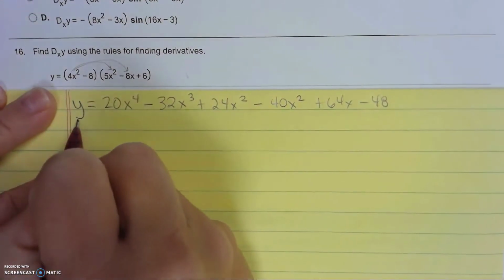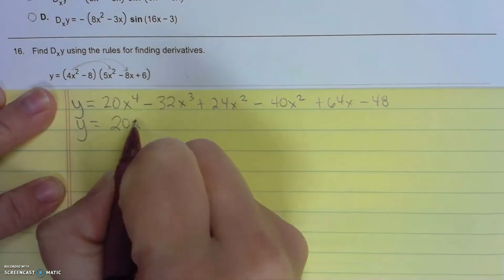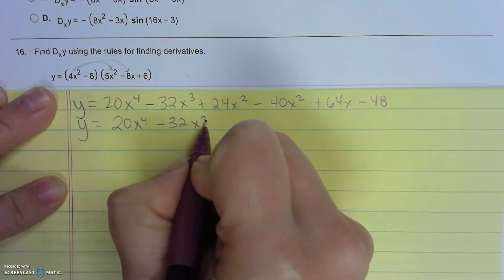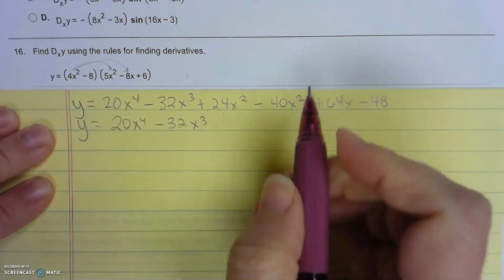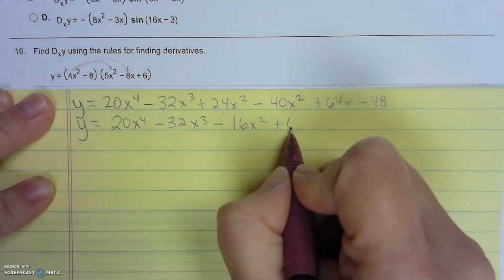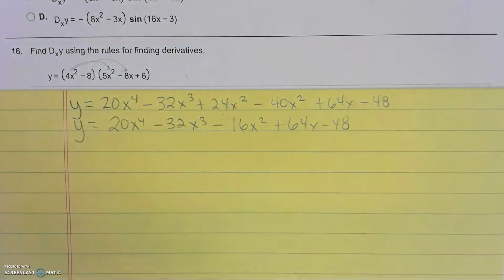From there I could combine the like terms together. There's only 1 x to the fourth, and there's 1 x cubed. Then 24 minus 40 gives me negative 16x squared plus 64x minus 48. Now I no longer have a product, but I have sum and difference.